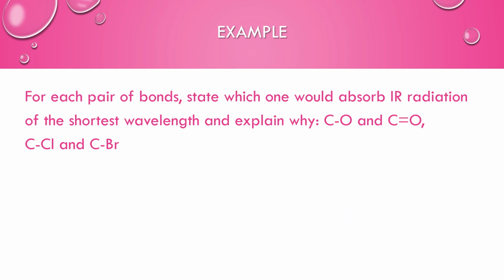Okay, so now I have a couple pairs of bonds. Which one would absorb IR radiation of the shortest wavelength, and explain why. Remember, shortest wavelength is higher energy or higher wave number. And of these two, the C double bond O is going to have the higher wave number, or the shorter wavelength. And a good explanation for that is because it's a double bond.